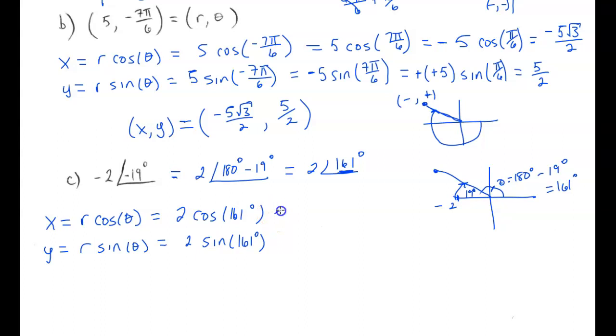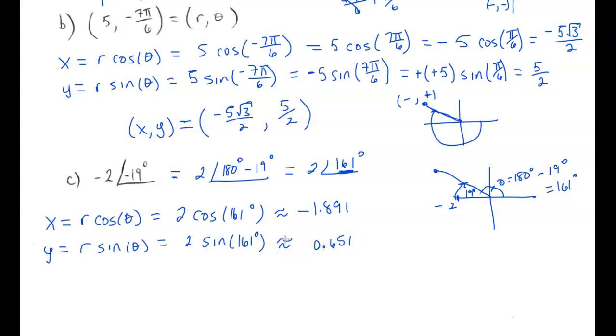And so for here, we'll need to put this into our calculators and make sure that you are in degree mode when you do it. And what you should get here is a negative 1.891 for the x coordinate and a positive 0.651 for the y coordinate.